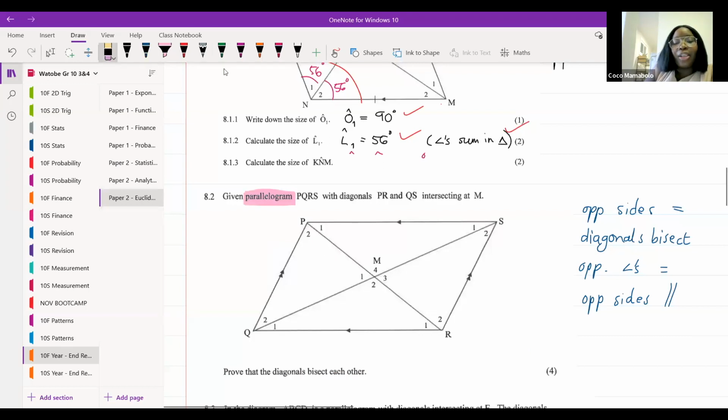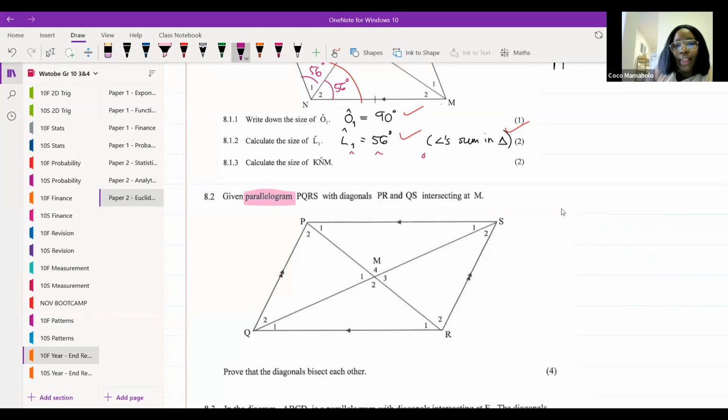We're trying to prove that they bisect, right? But we know that when they bisect, what do they do specifically? Correct. They cut this in half. So technically, what we're trying to prove is that QM is equal to MS. We must prove that this is cut exactly in half.